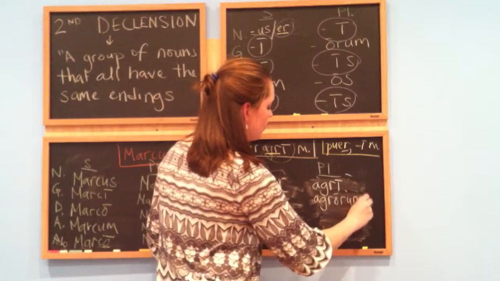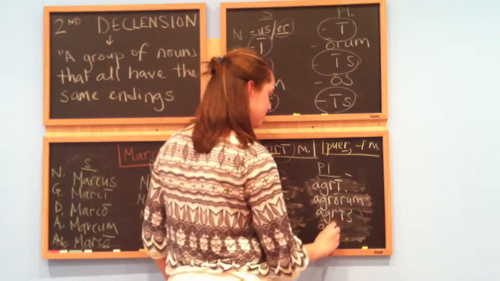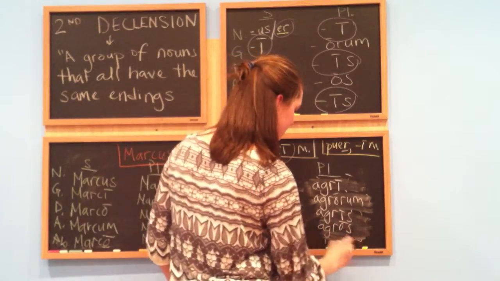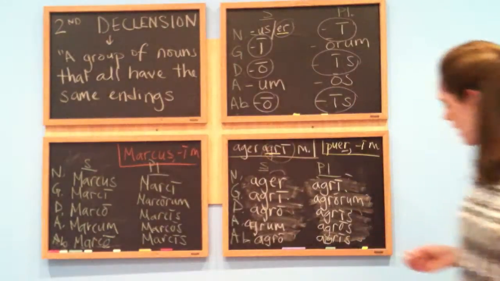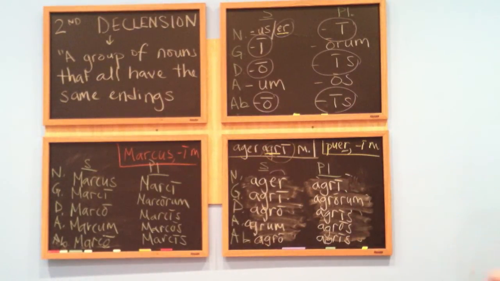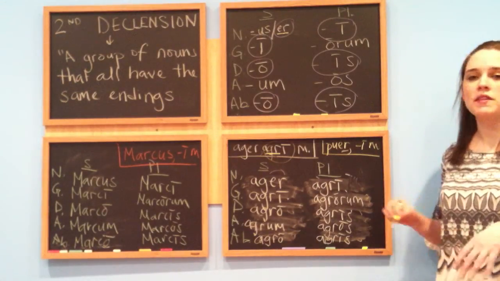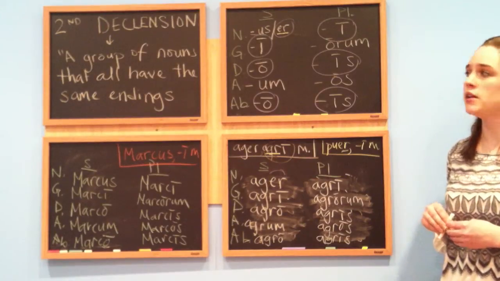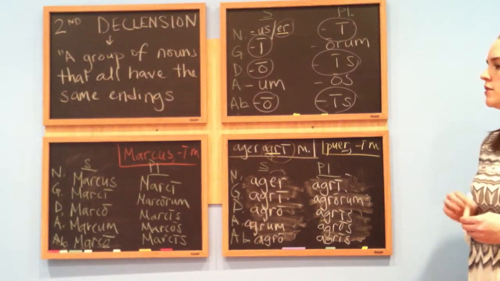Agrorum, agris, agros, agris. Give you a good look at that. Hope it's readable with these nice, lovely marks here. Alright, now that is second declension masculine. We'll put the neuter nouns of the second declension in a different video because they do have different endings.